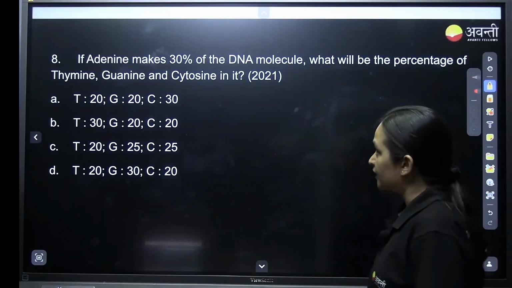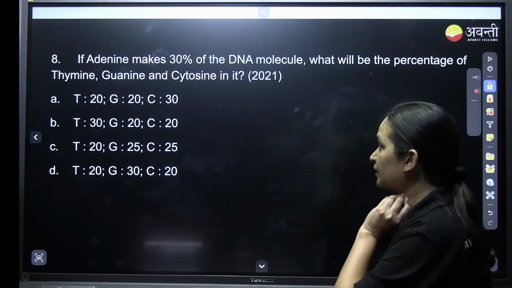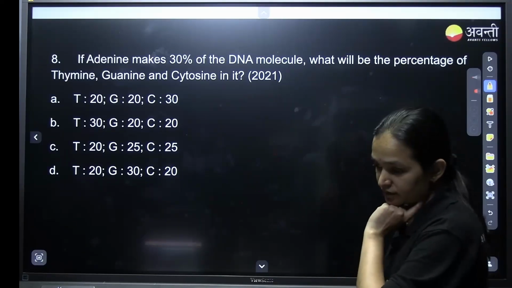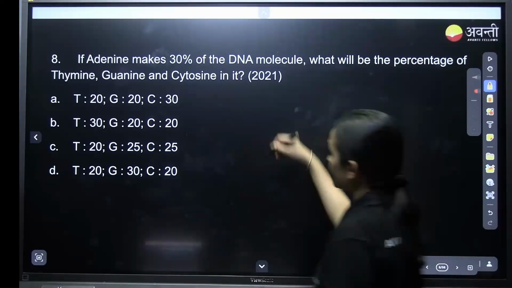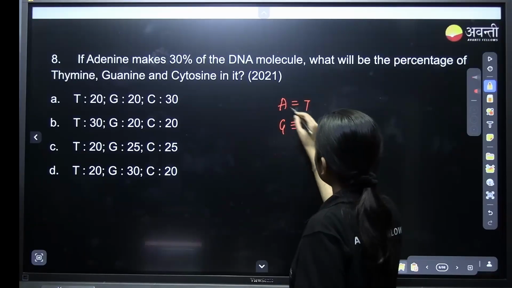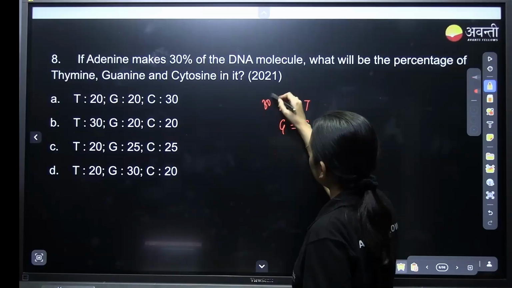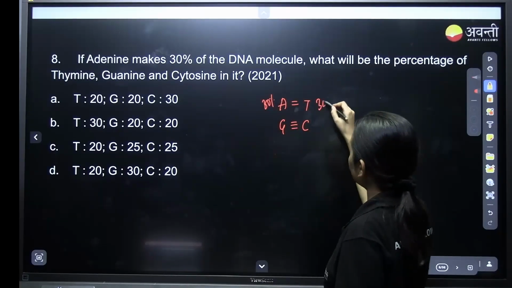If adenine makes 30% of the DNA molecule, what will be the percentage of thymine, guanine and cytosine? Tell me. The content of adenine is equal to the content of thymine. So here they have given it as 30%, which means thymine is also 30%.